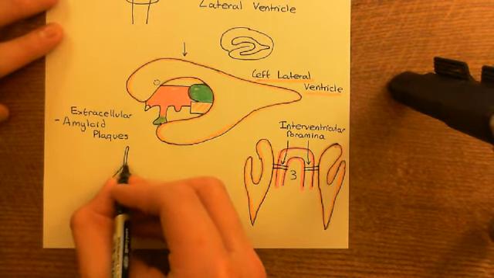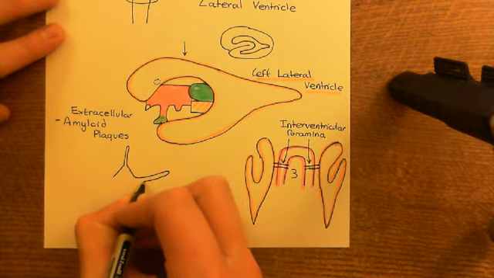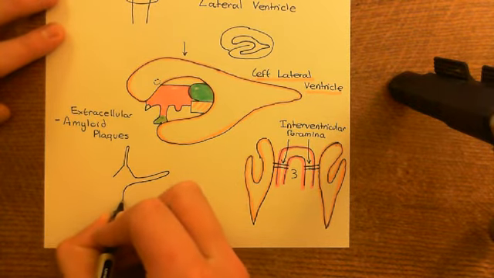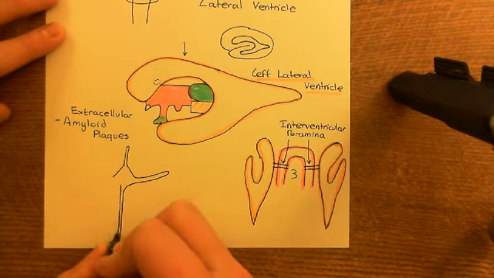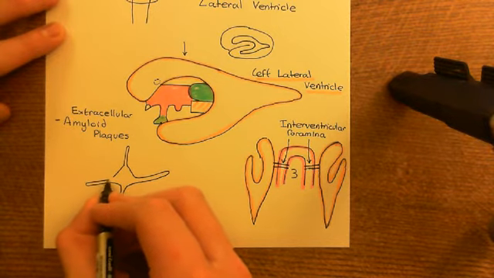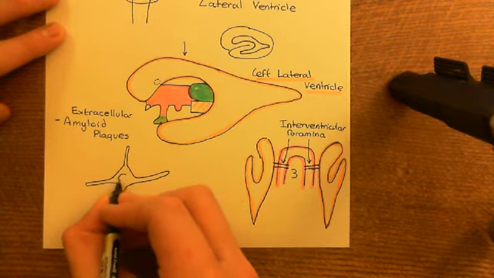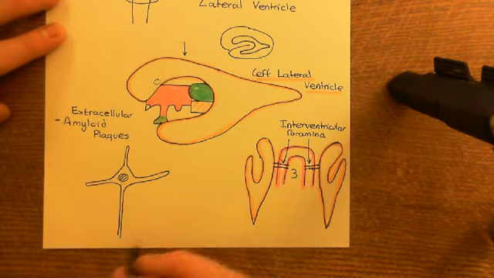Here is its dendrite. Here's its cell body. And here is another dendrite, and then we'll have its axon coming off here. So this is a typical neuron in the cerebral cortex. They often have these very triangular shaped cell bodies, and then there's their nucleus. So here is our neuron.